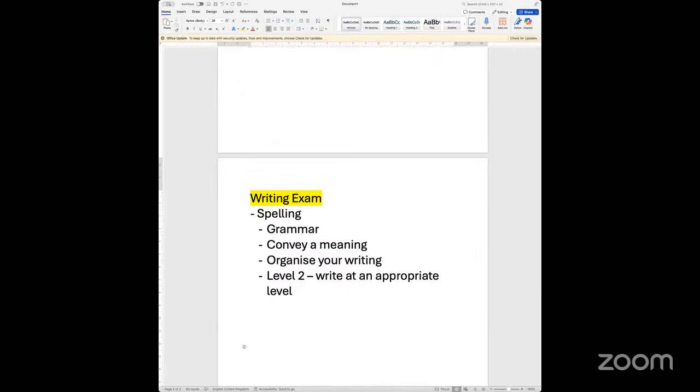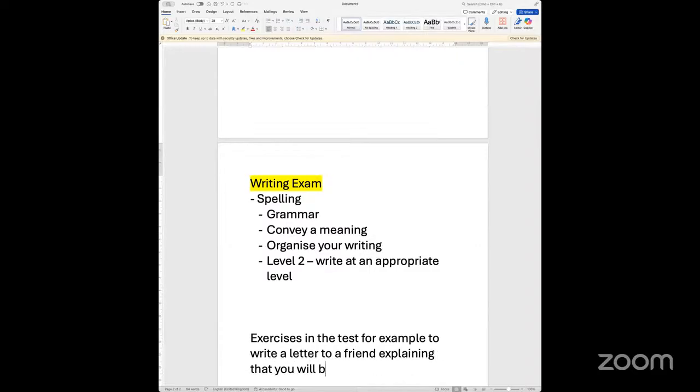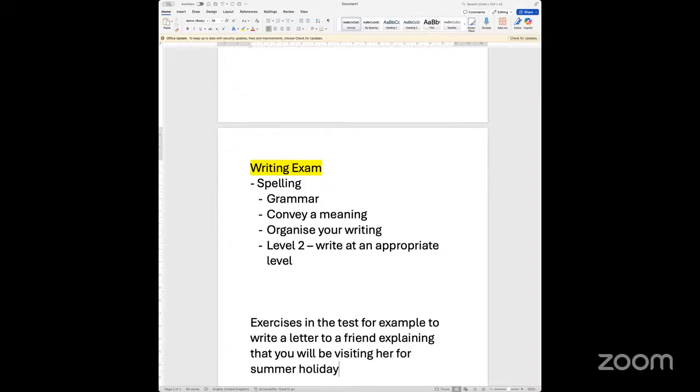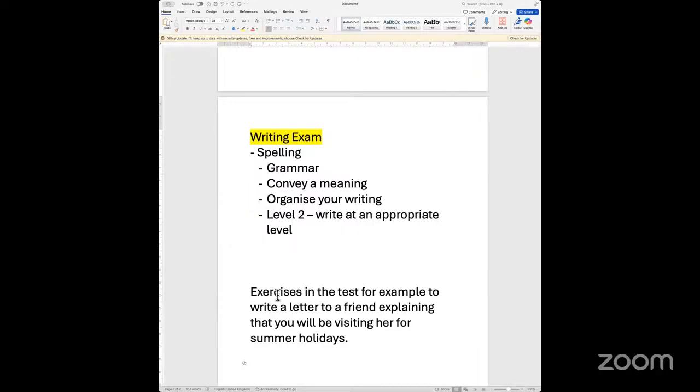So if I was to write, for example, one of the exercises in the test was to write a letter to a friend explaining that you will be visiting her for summer holidays. Now, it's a very simple task.